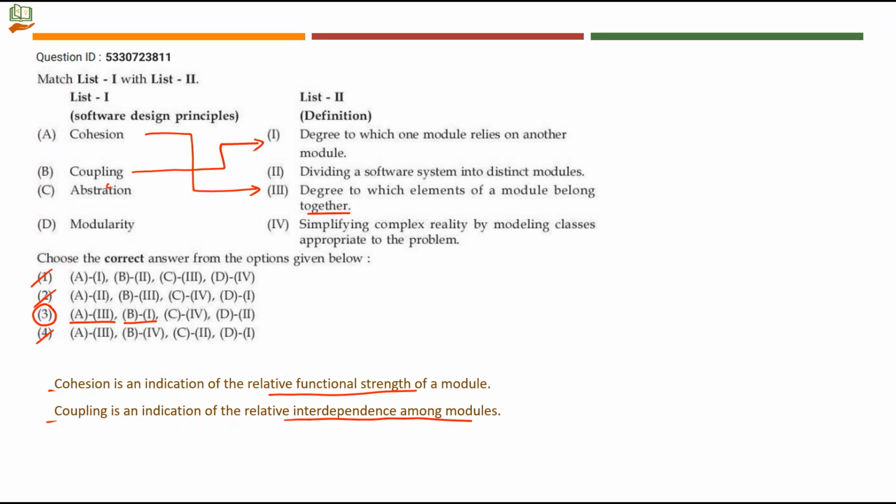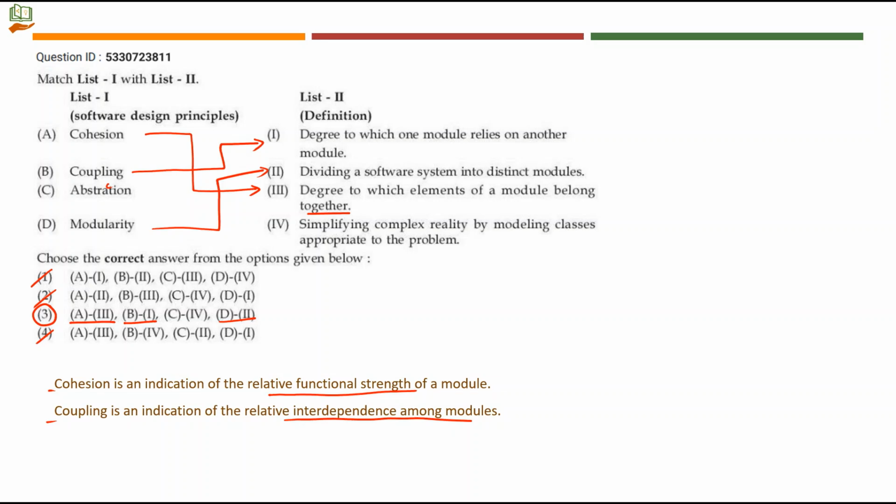Now let's check abstraction and modularity. Dividing a software system into distinct modules is what we call modularity. They will say working with different modules. So we can map D to 2. D2 is here. What about abstraction? It is simplifying complex reality by modeling classes appropriate to the problem. Abstraction is giving something in general. It is not specific, it is more about generalization.